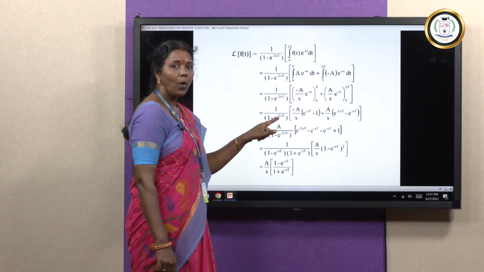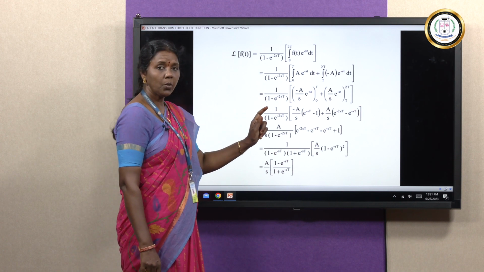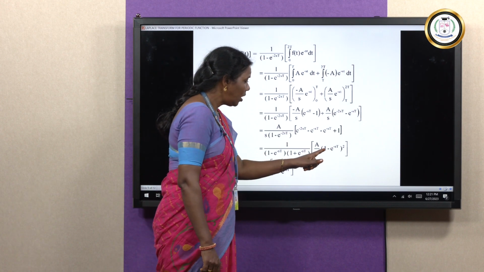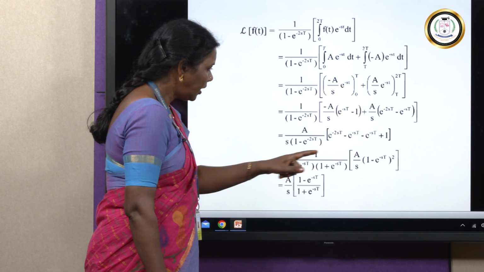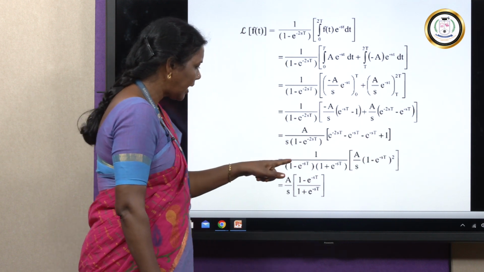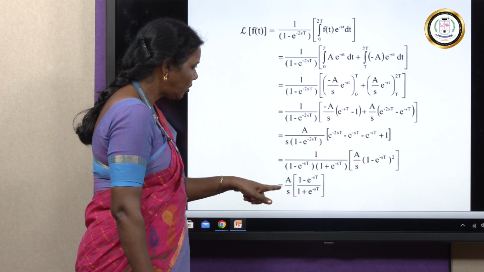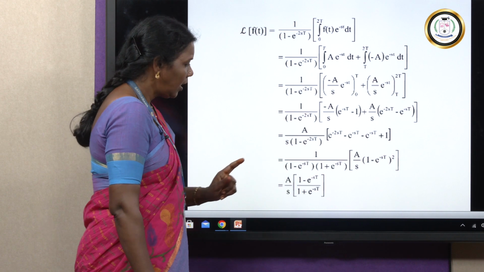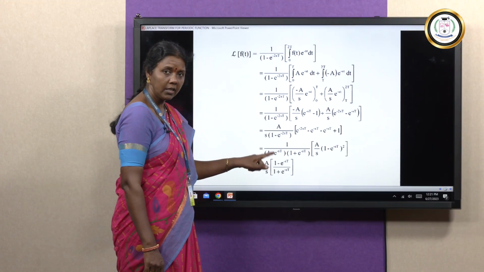It is of the form a squared minus 2ab plus b squared, so we write that as (1 minus e to the power minus sT) the whole squared. Here this squared term cancels with the linear term, and we are left with a by s times (1 minus e to the power minus sT) by (1 plus e to the power minus sT). If you want to simplify this more, you can simplify it.